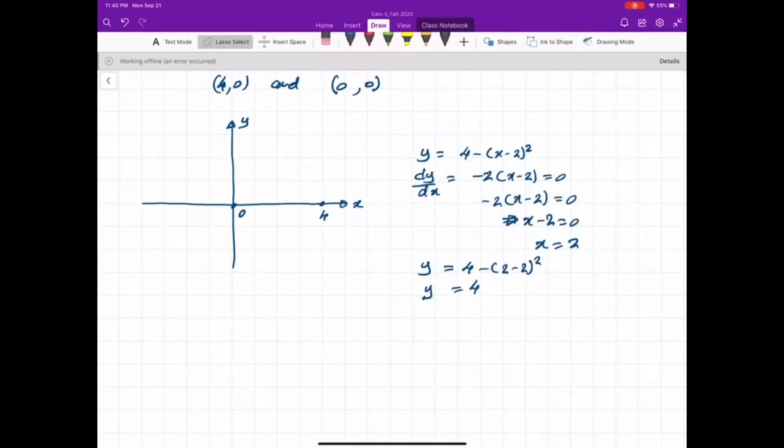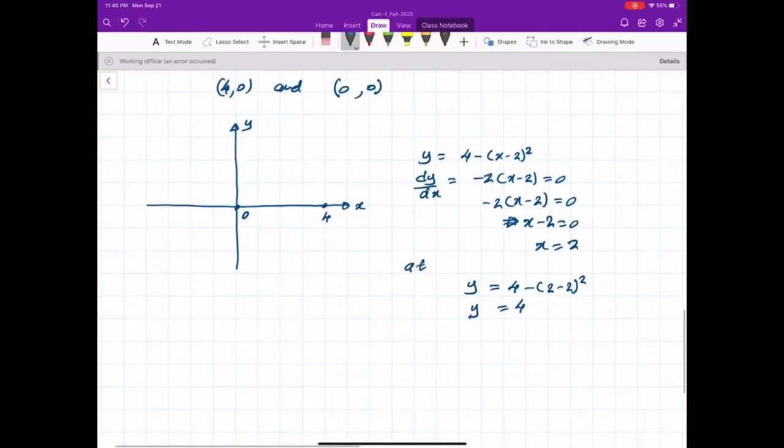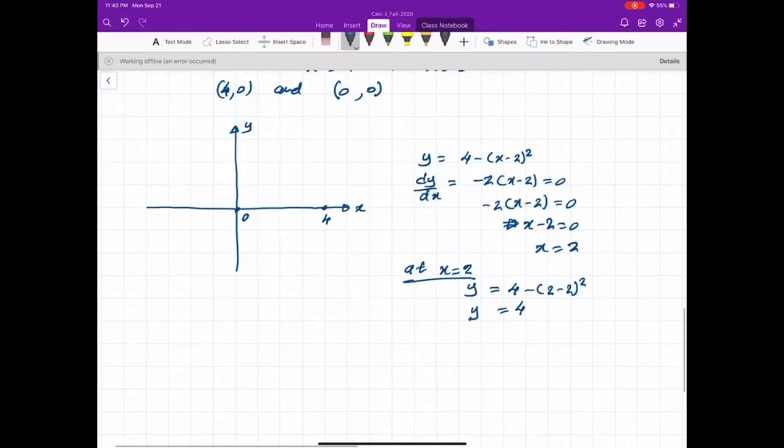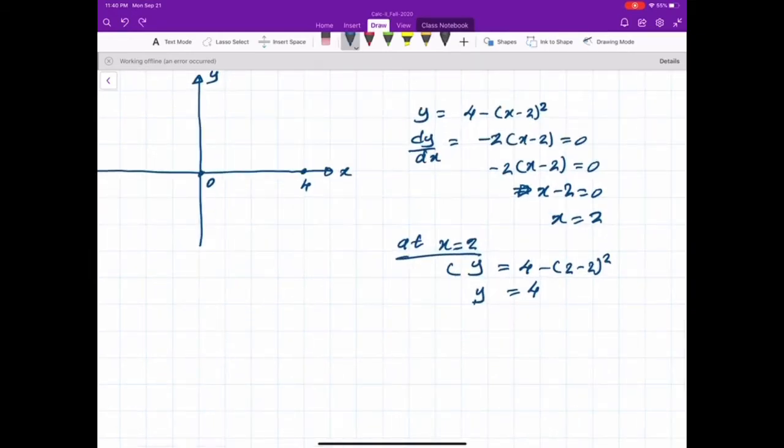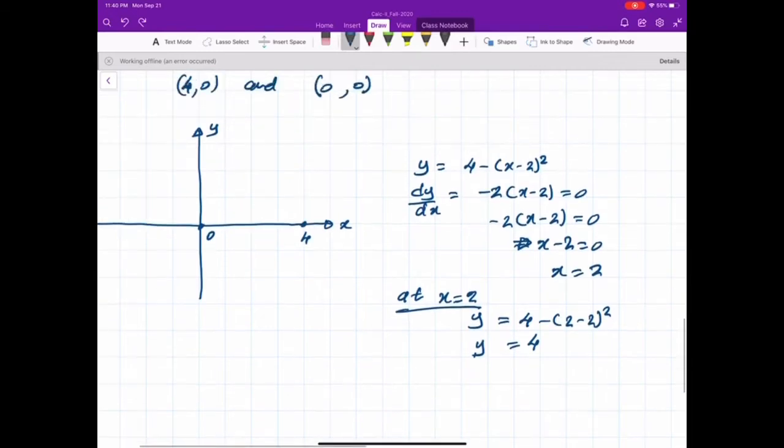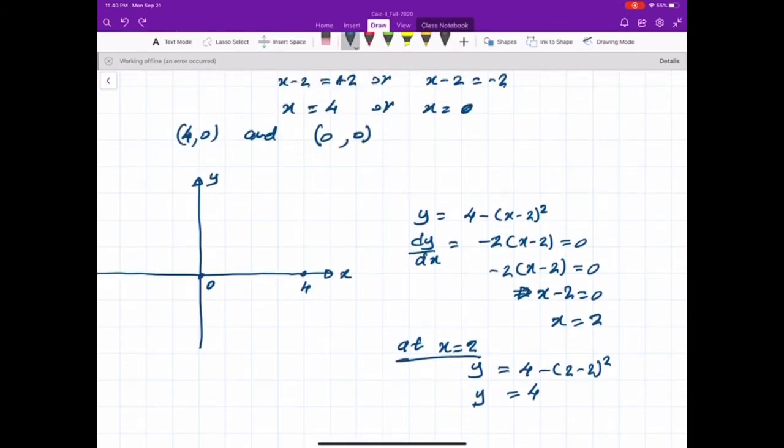Alright, so let me pull this a little bit down. Let me say at x equals 2, this will happen. Let me add a small note here. Now find the maximum of the function.